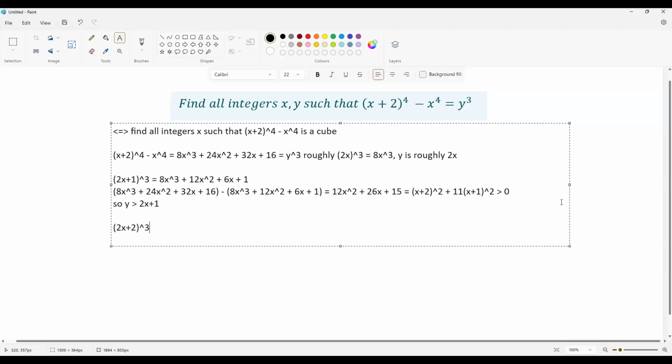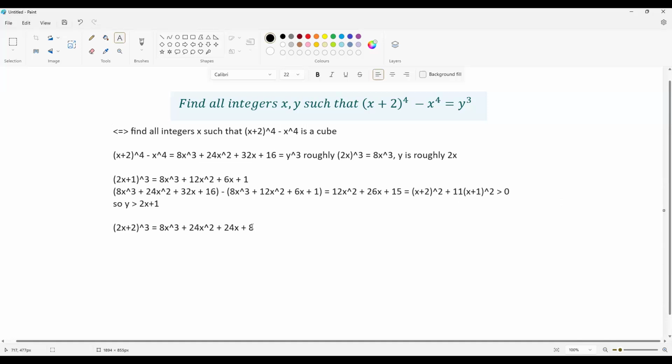What about (2x plus 2) cubed? That is equal to 8x cubed plus 24x squared plus 24x plus 8. This looks very close to that. Oh no, that's quite sad, I can't get back to it.